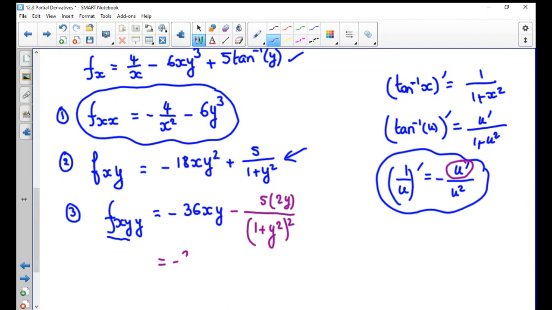So it's going to be minus 36 xy minus 10y over 1 plus y squared squared, like this. Okay, that's basically what is happening here. Are we okay with these partial derivatives?